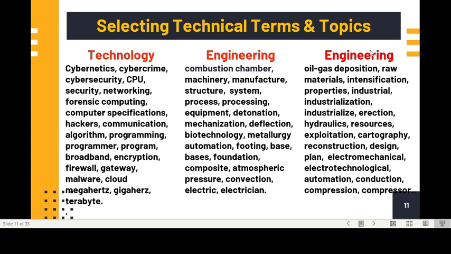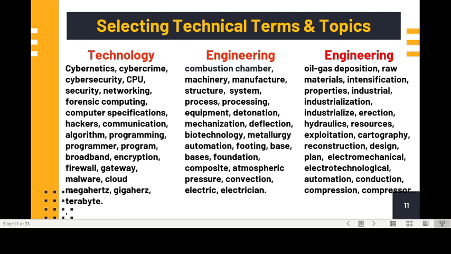Now here I'm going to give you examples of technical terms and topics at the same time. I'm not engineering major, I'm not chemistry major, I'm not textile industry major. I search for these the way you will be doing.